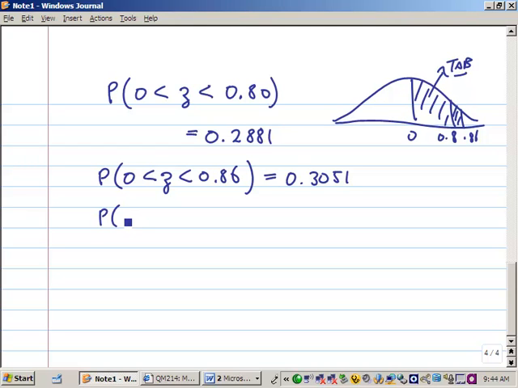Well, what happens if we want to find the probability of getting a z between negative 0.86 and 0?